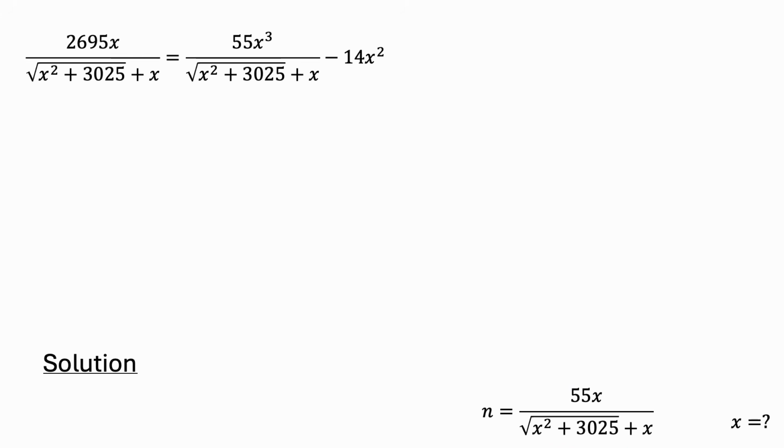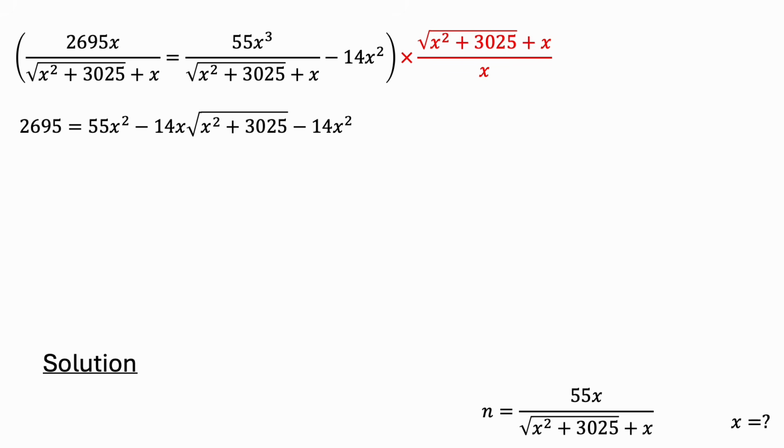Multiply both sides by square root x squared plus 3025 plus x over x to obtain 2695 equals 55x squared minus 14x times square root x squared plus 3025 minus 14x squared. After isolating the radical, we have 14x times square root x squared plus 3025 equals 41x squared minus 2695.